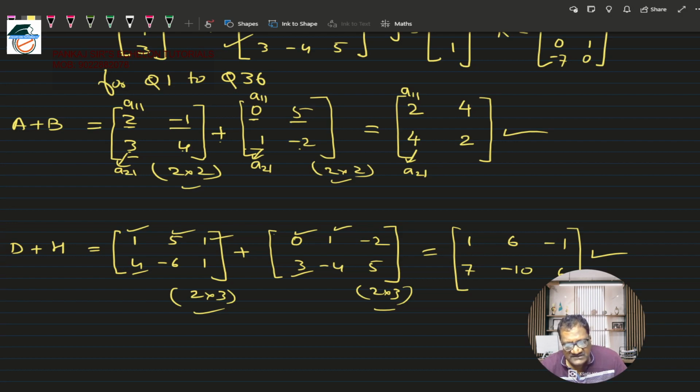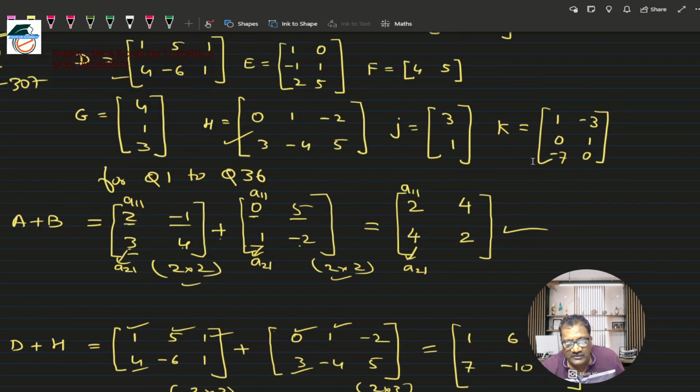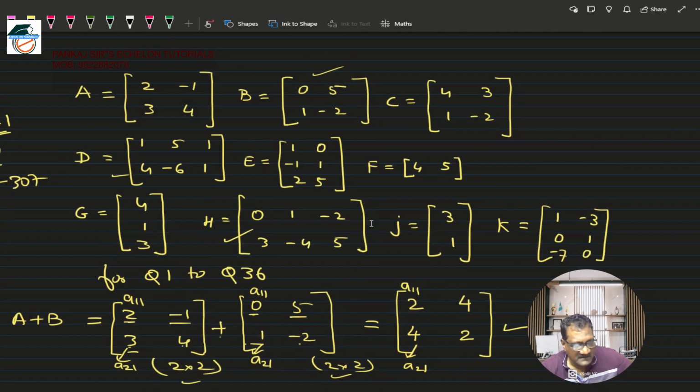Now the third question according to my textbook is J plus F. Okay, J plus F. Now let us first check the compatibility, whether J and F can be added or not. So we'll have to check the order of J and F. Okay, so let us do that quickly. So J matrix is over here. Okay, the order is 2 cross 1.